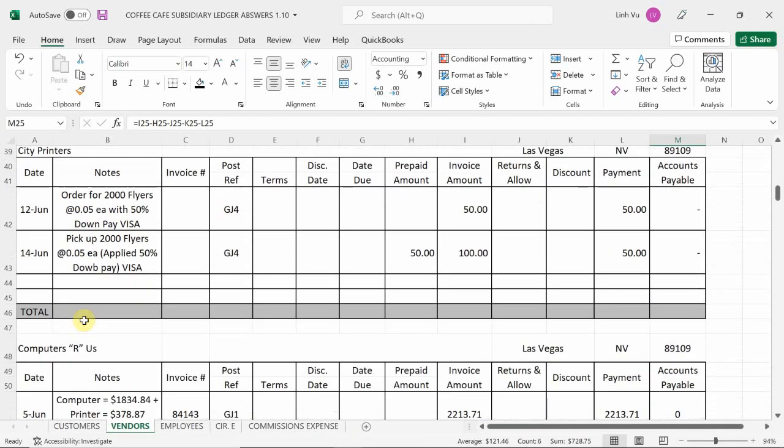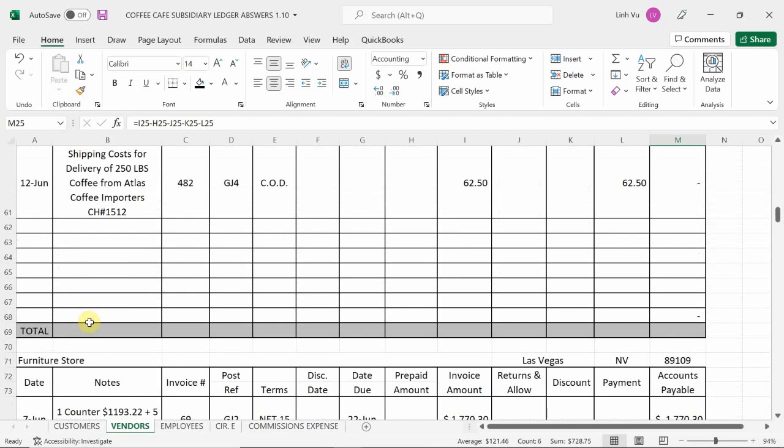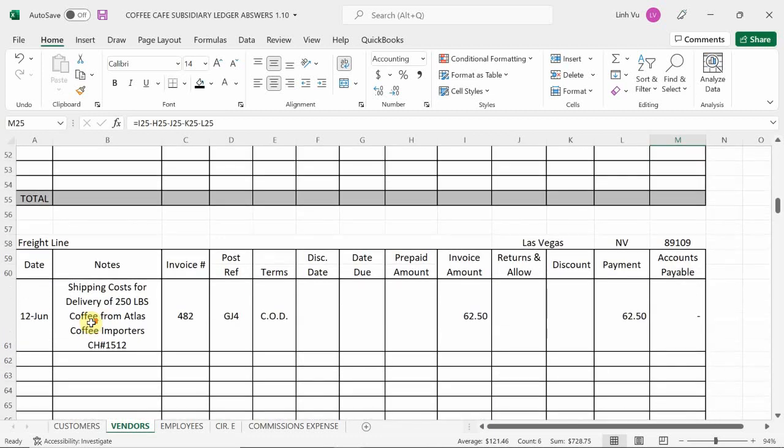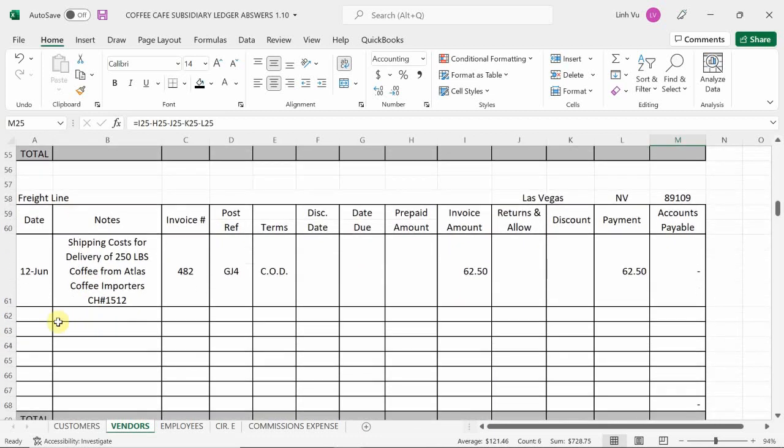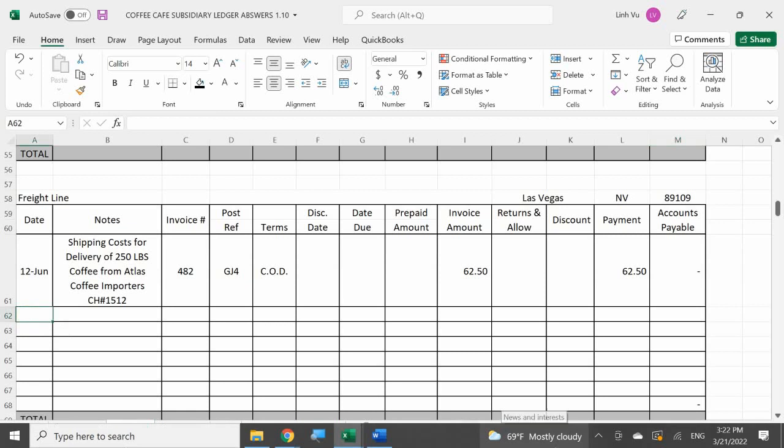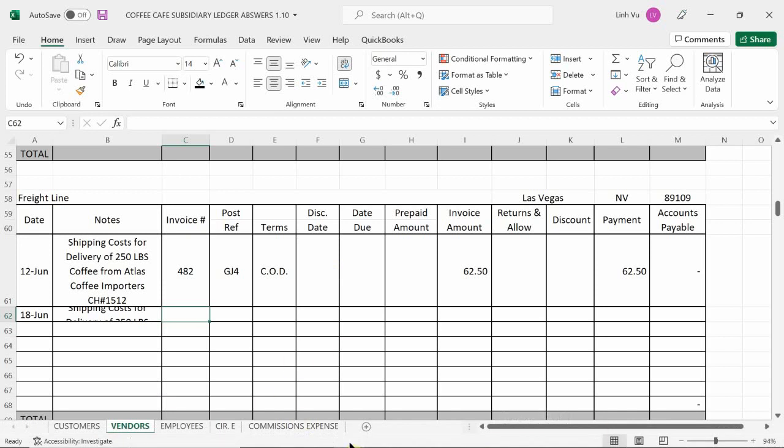I also need to update Freightline because I encountered them for the shipment of the coffee. All right, this will have proof that I received the coffee. Okay. What was the invoice number?